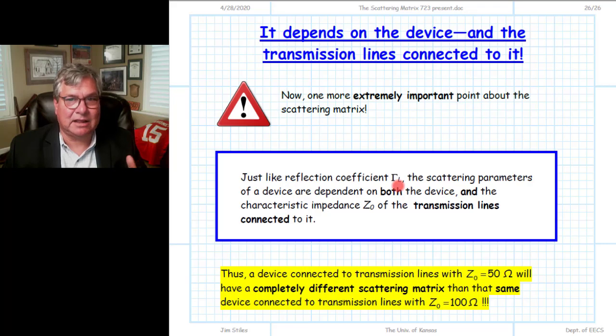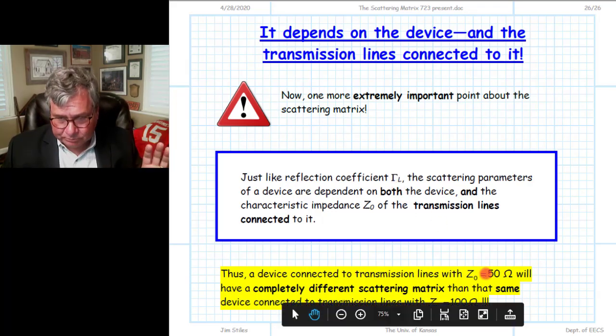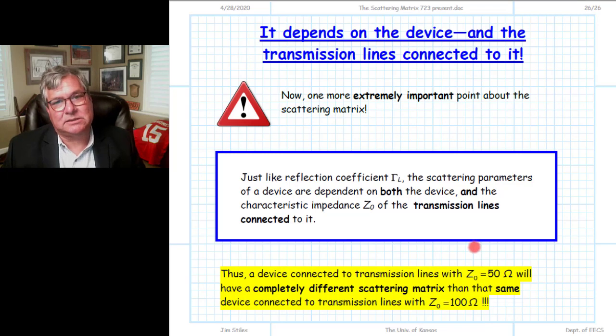It depends on both ZL and Z0. The same is true for our scattering parameters. They depend both on the device itself inside that blue box, but also on the characteristic impedance of the transmission lines connected to it. We can disconnect the transmission lines and connect different transmission lines of dissimilar impedance.